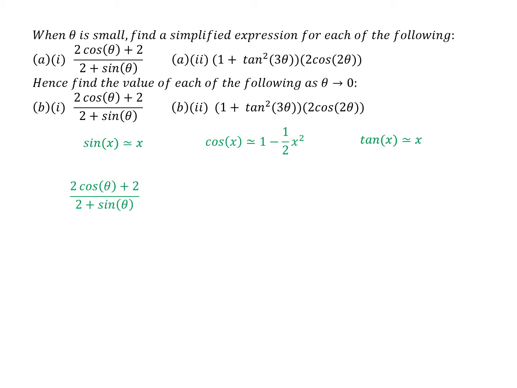So if we look at the first expression that we're trying to simplify for a small angle, what I'm going to do is replace cos theta with 1 minus a half theta squared and sine theta with theta. So that's what I get when I put those two things in there.